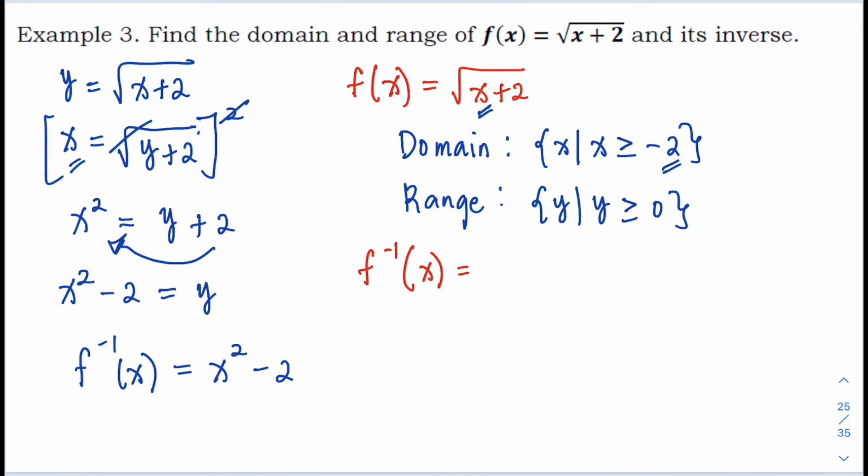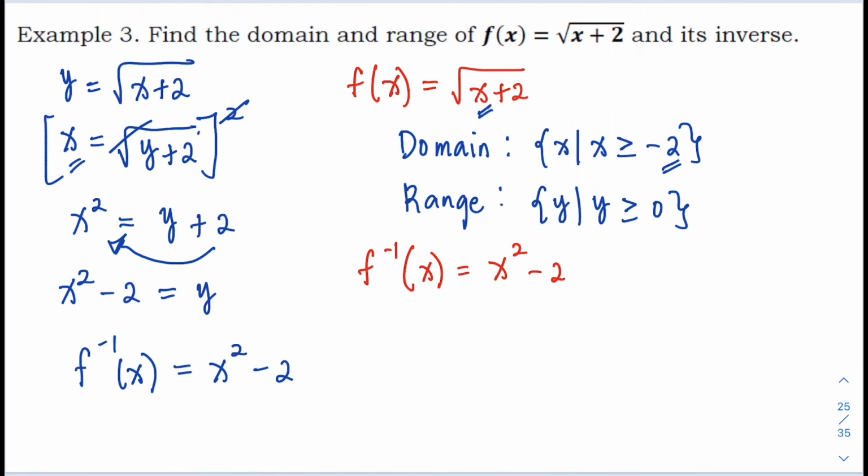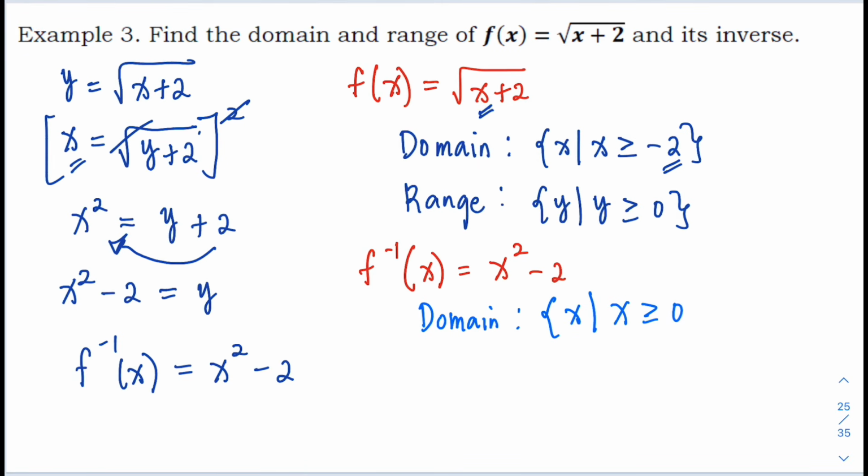Okay? So, ang inverse function natin, we have x squared minus 2. So, kagaya ng sinabi ko kanina, ang range ng ating original function, yan yung domain ng ating inverse. Okay, so that is the set of all x such that x is greater than or equal to 0. Okay, so kukopyahin natin yung range.